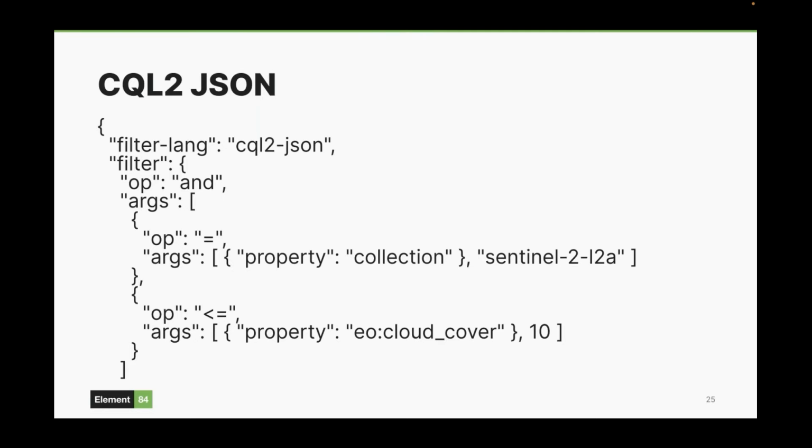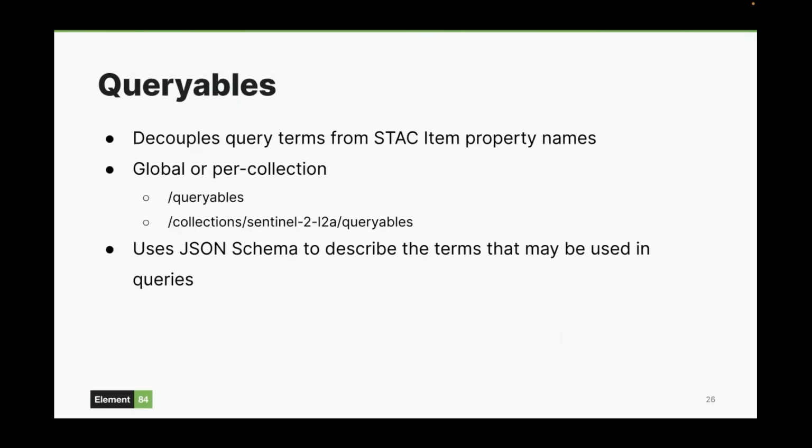And the way I do that is I can actually look at the Queryables definition. So this is an endpoint that's either at the root of a STAC API at the Queryables path, or they can also be within a collection, so that individual collections can advertise that they support a certain set of properties that can be used in CQL2 queries.